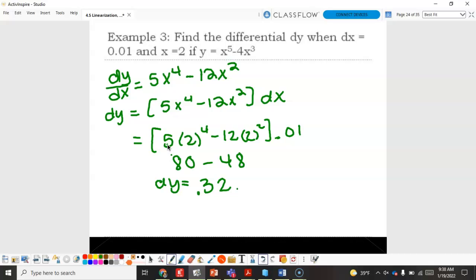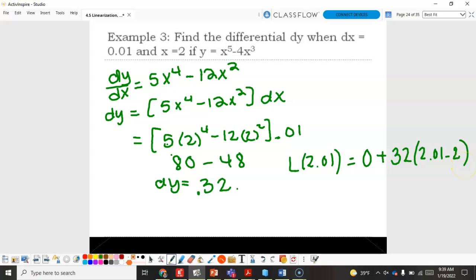But say if we try to solve for L(x), where would L(x) apply? If you turn this into L(x), if we add f(a) to it, this would be L of 2.01 equals f of a, in this case 0, plus 32 times (2.01 minus 2).